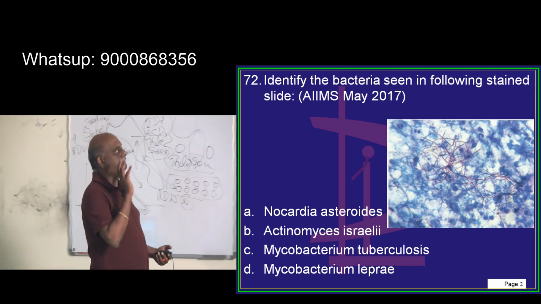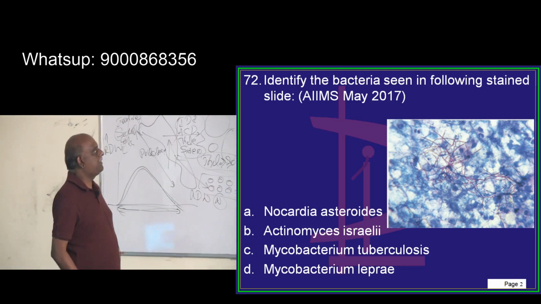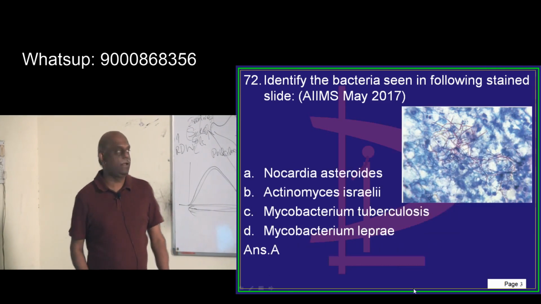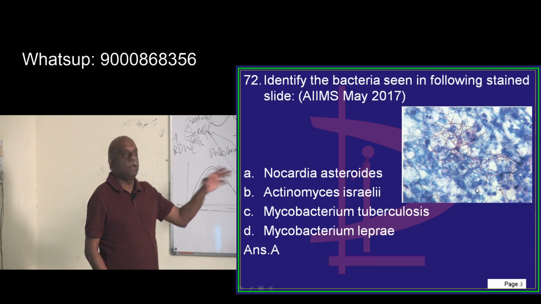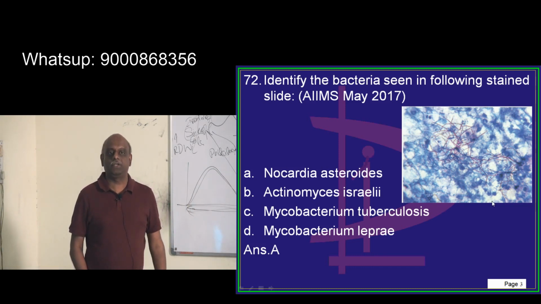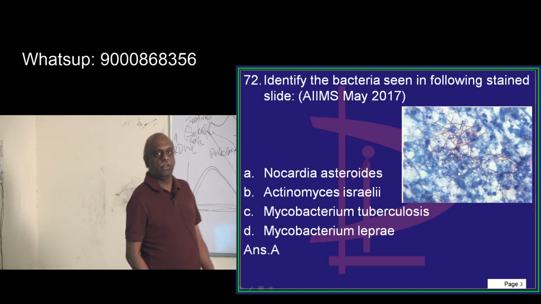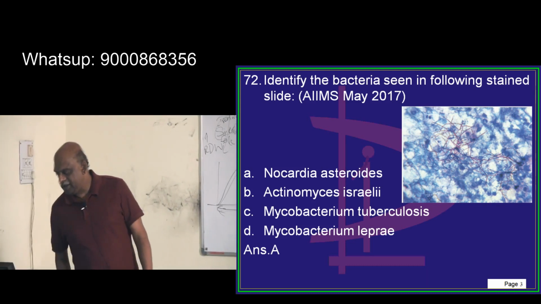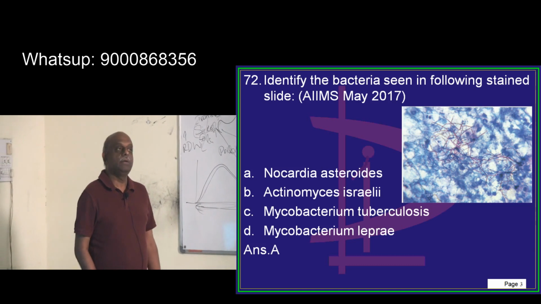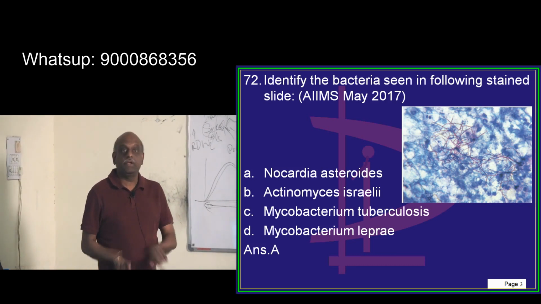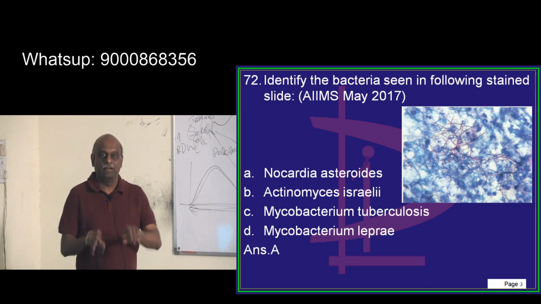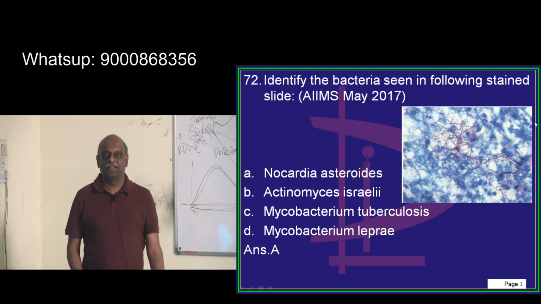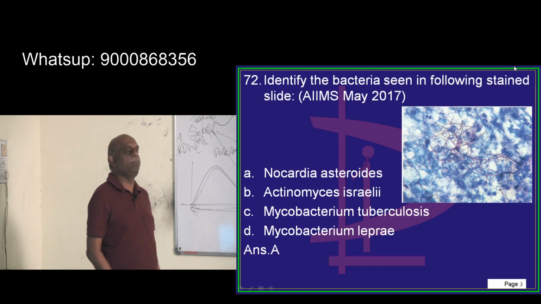What is this bacteria being shown in this slide? It is a favorite question of the examiner. It is the Nocardia asteroides. Last time also, in November 2017, the examiner asked a question as to how to recognize a sharply angulated mycelia of which fungus, acute angled one, if you remember.